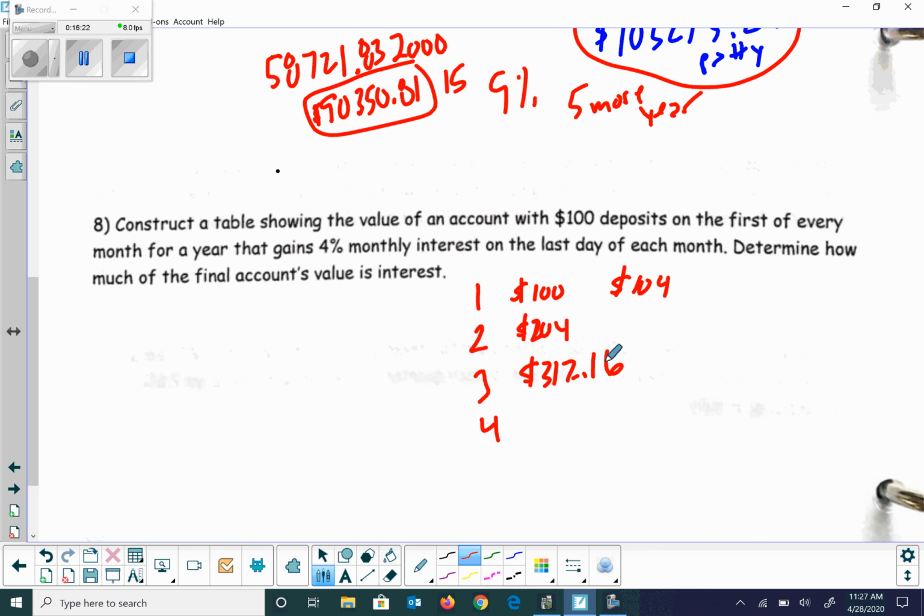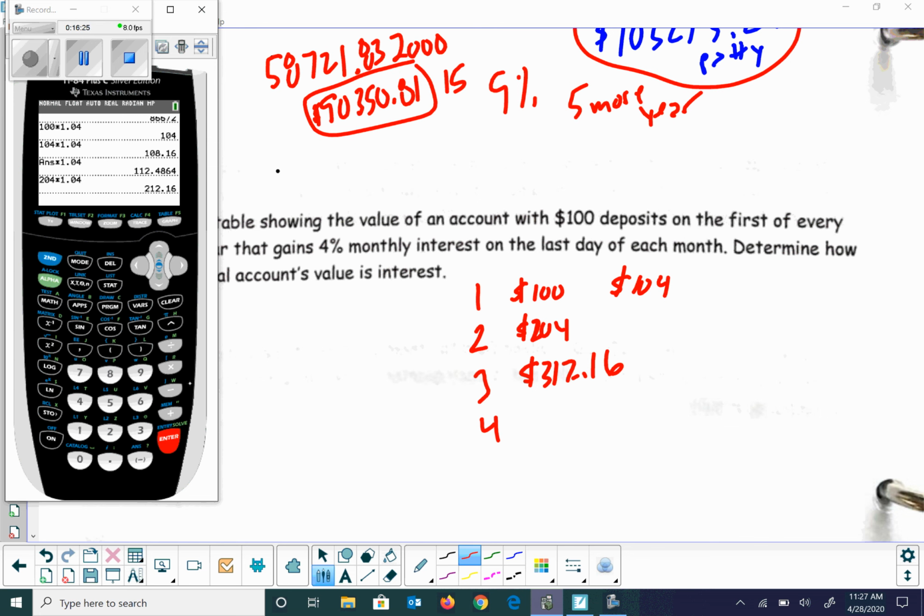And I'm going to multiply that by 1.04 and add $100 to it. Oops, I messed up. 312.16 times 1.04. So it becomes 324. Add $100 to that because of your deposit. So 424.65.